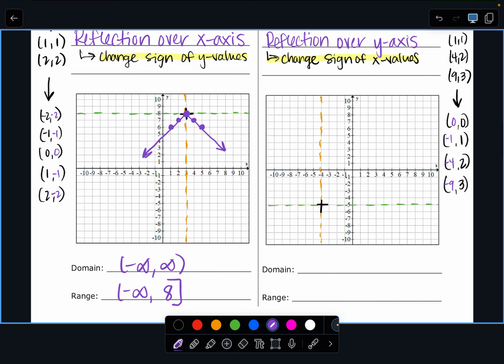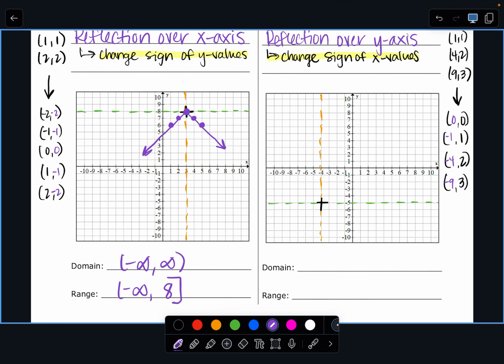Okay, so let's go in and let's change these signs. I'm going to have a point at 0, 0. Now, the new point that I'm graphing is -1, +1. So that means from 0, 0, I'm going left 1 and I'm going up 1. So I'm going to have a point here. And then I'm going left 4, 1, 2, 3, 4, up 2.